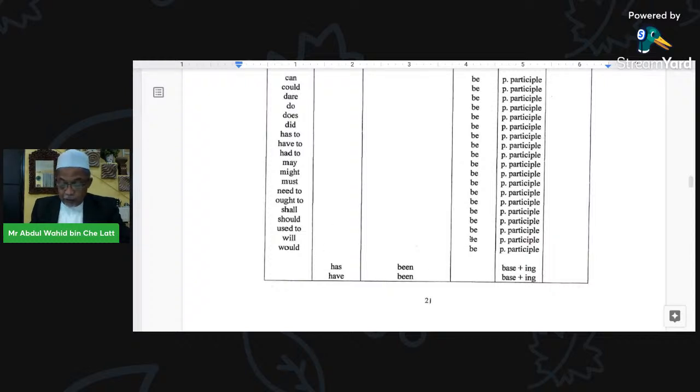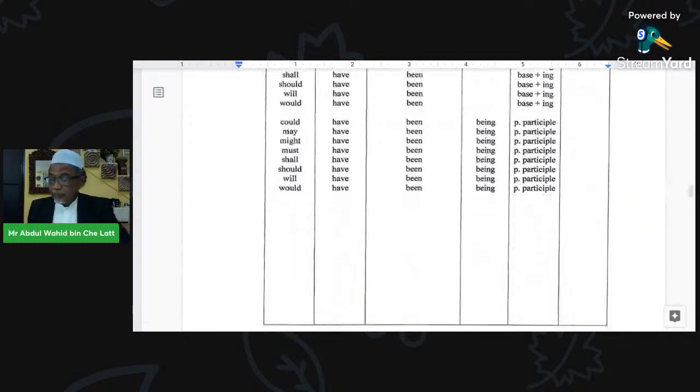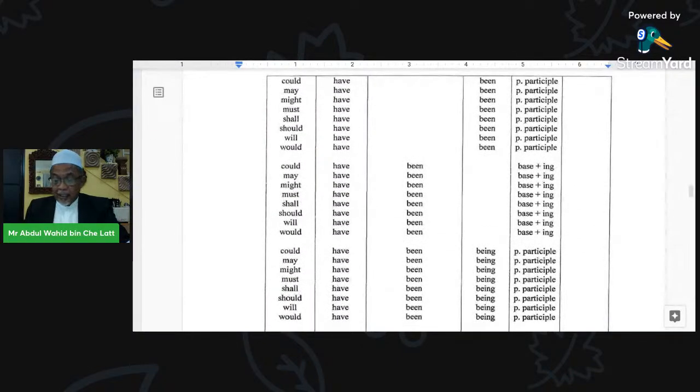Okay, now turn to page 23. Put your ruler under the word might, line 3 from the top. Might, modal might, column 5, line 3.